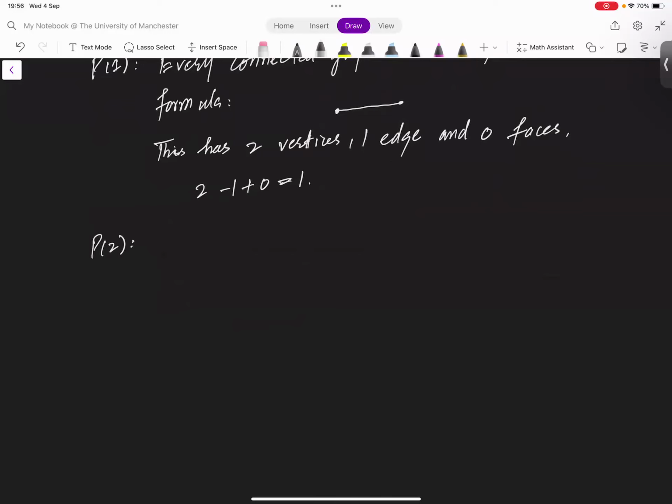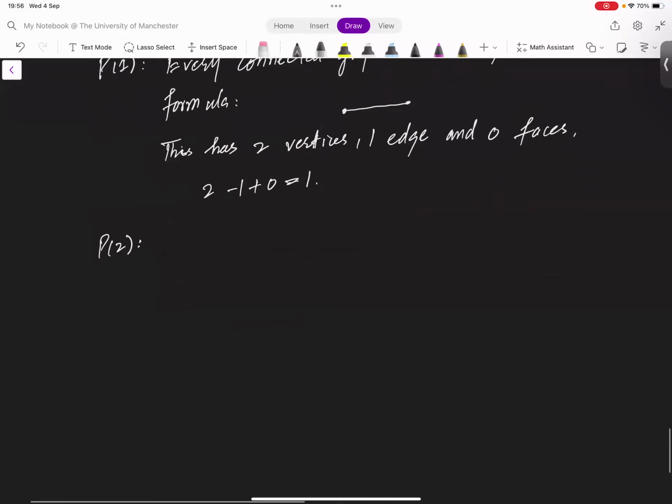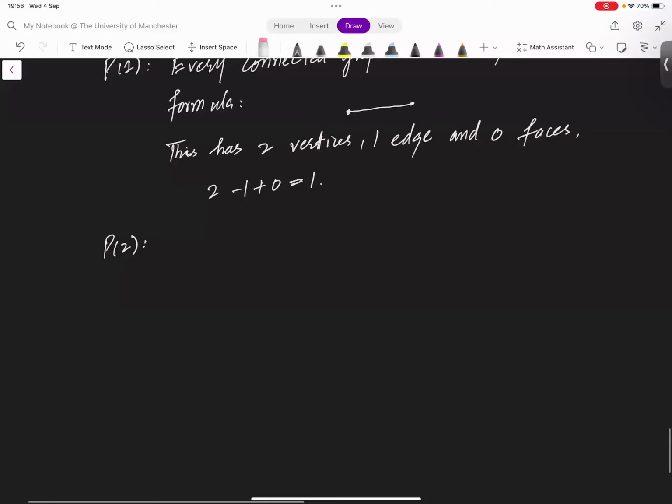Likewise, P of 2 says that this graph satisfies the formula.